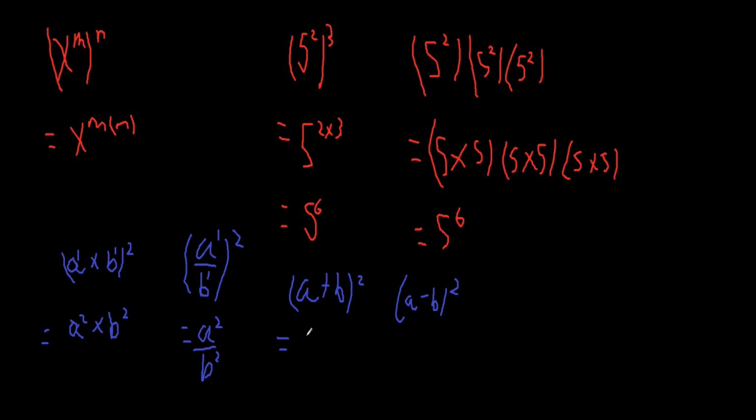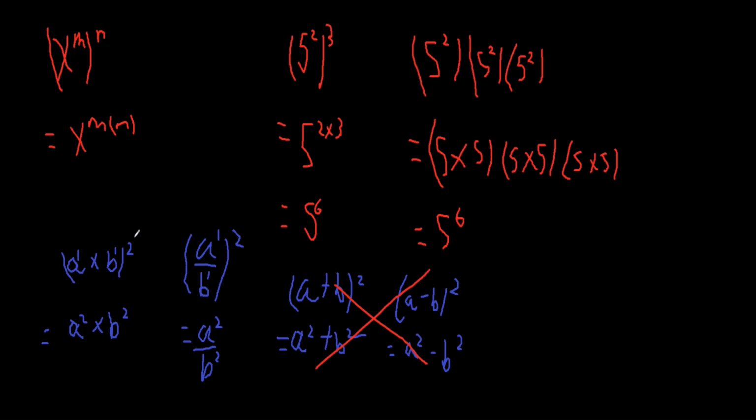But actually, this is incorrect. We can't say a squared plus b squared and put here a squared minus b squared. These two are incorrect. a plus b squared and a minus b squared is completely different from a times b and a over b.